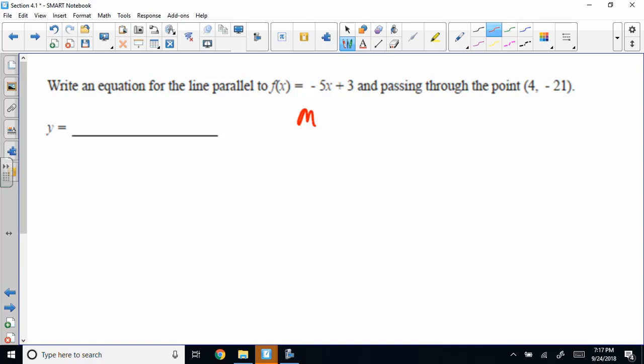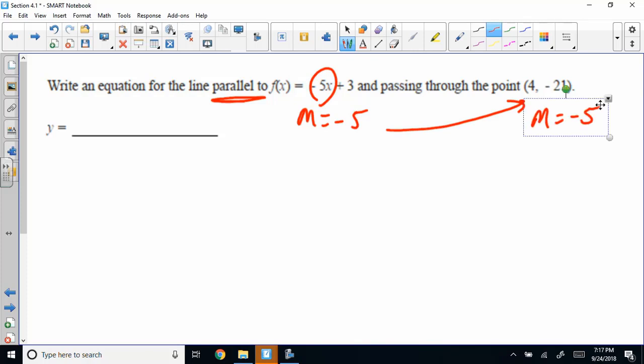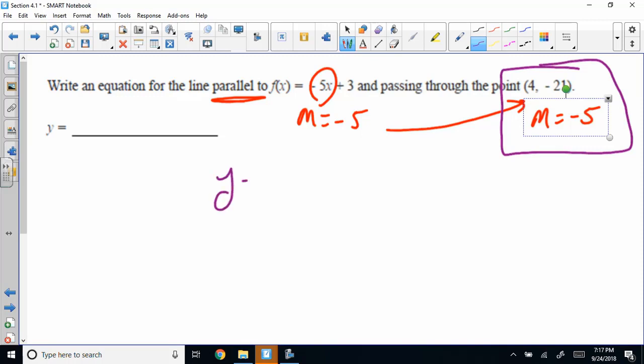So the slope for this one is negative 5, right? If they're parallel, then this slope is the same as that slope of that line, right? So this one would be negative 5, right? So we have a point and a slope. Y'all agree? So we have y minus y1 equals m times x minus x1.